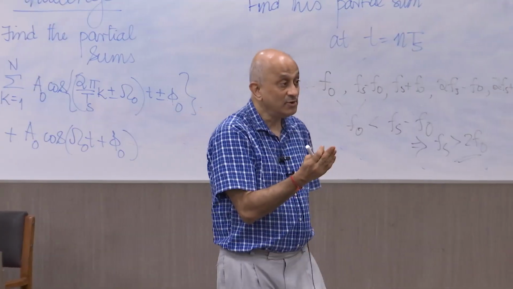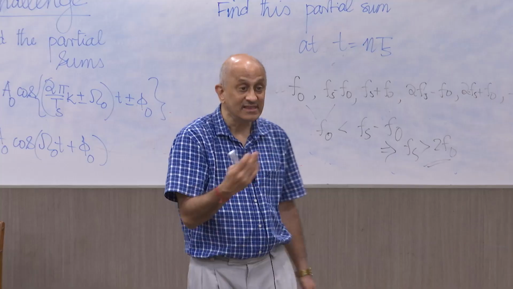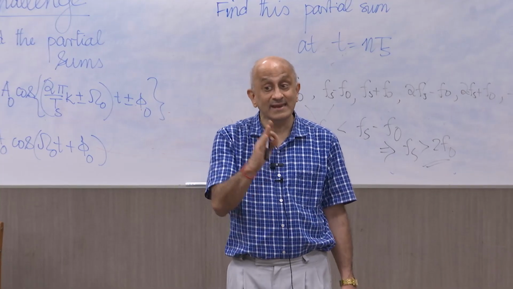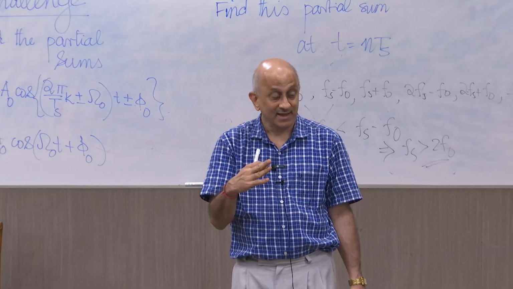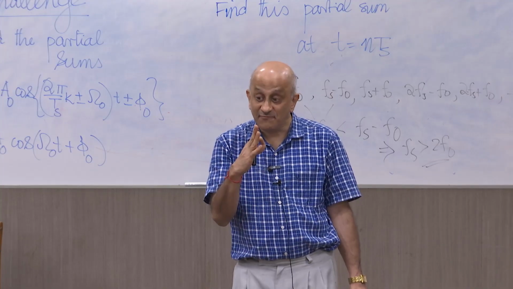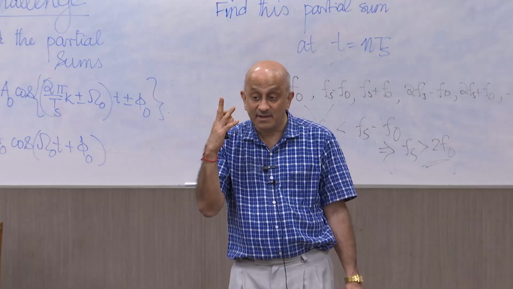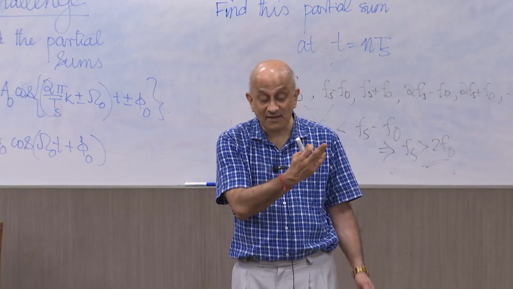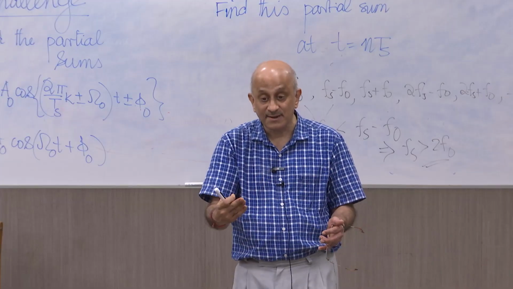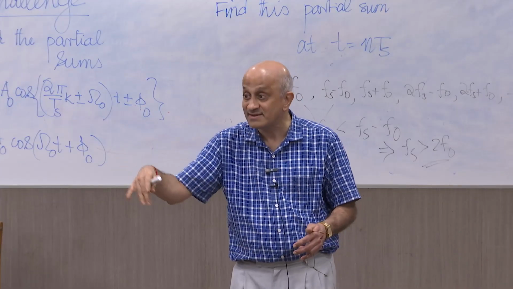Of course, fs needs to be greater than twice f naught, and now we can look at the sampling theorem with which we are familiar. You need this to happen for every frequency present in the signal. That means fs needs to be greater than twice f naught for every f naught that was present in the signal.